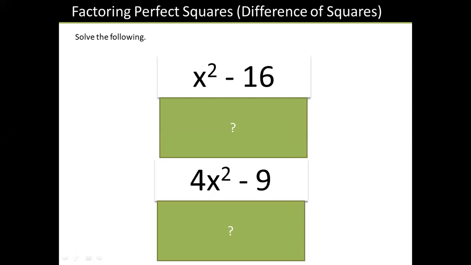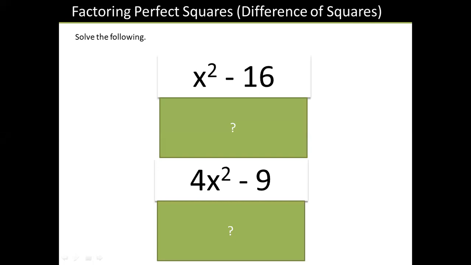Okay, so as you can see on the screen, you have x squared. x squared is a perfect square. That is x times x, so that we get x squared. 16 is a perfect square. 4 times 4 is 16.